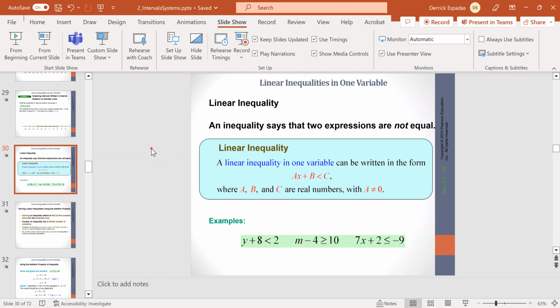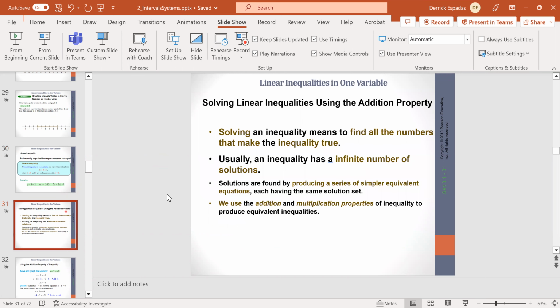And that's why we use interval notation, because we're not saying, like in an equation, x equals 8. In an inequality, there's a set of numbers that could qualify. That's why we use interval notation to express that. So we use what's called the addition property to do this. Solving an inequality finds all the numbers that make it true, as a set.